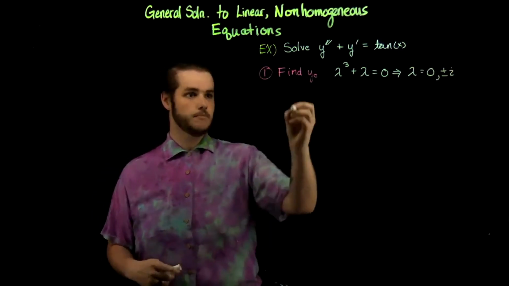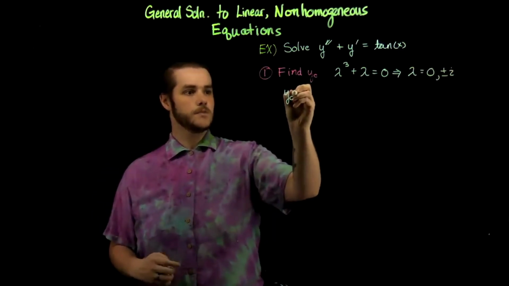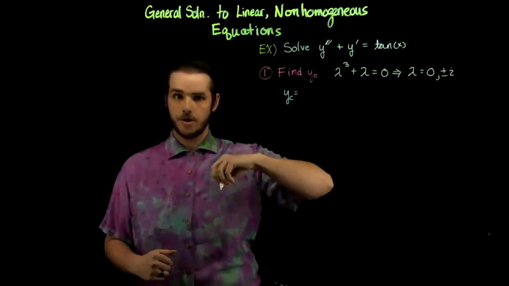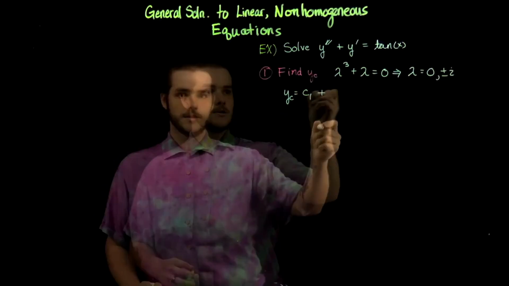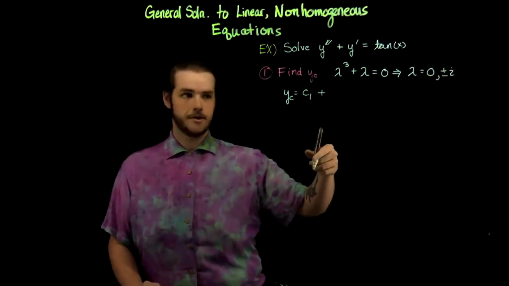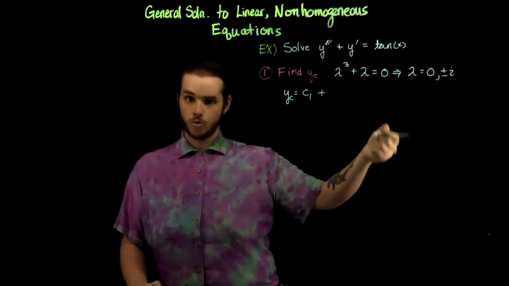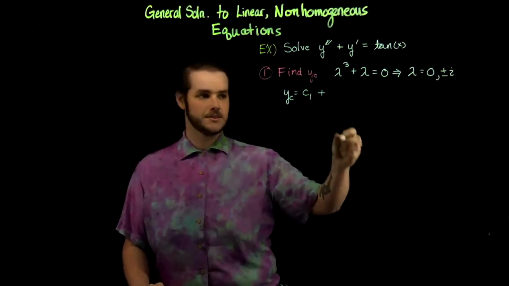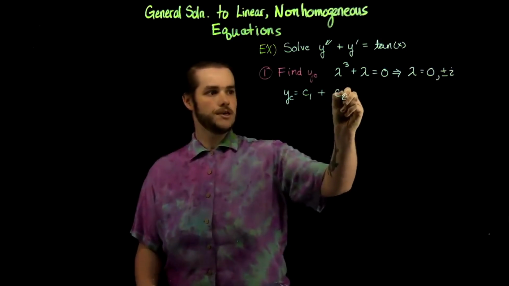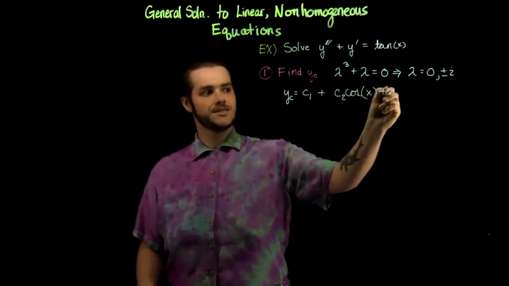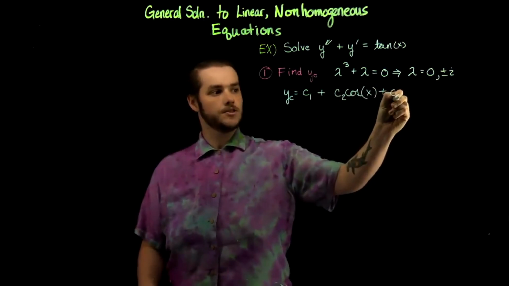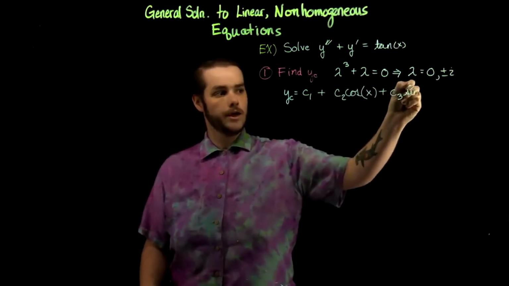Now I can write the complementary solution as: lambda 0 gives me c1 e to the 0x, plus the conjugate pair plus or minus i gives me e to the real part, which is 0x, times c2 cosine of 1x plus c3 sine of 1x.